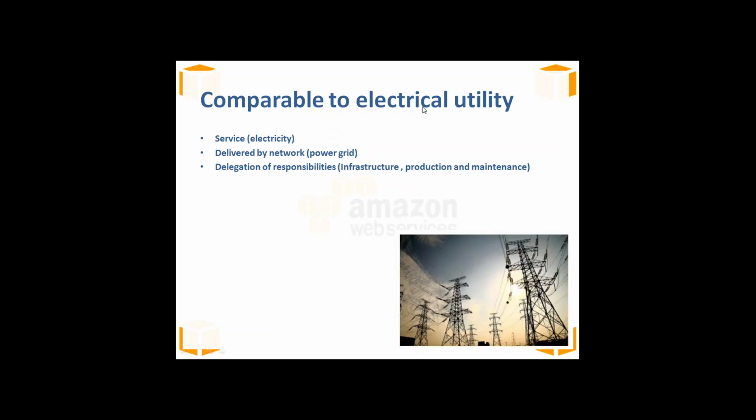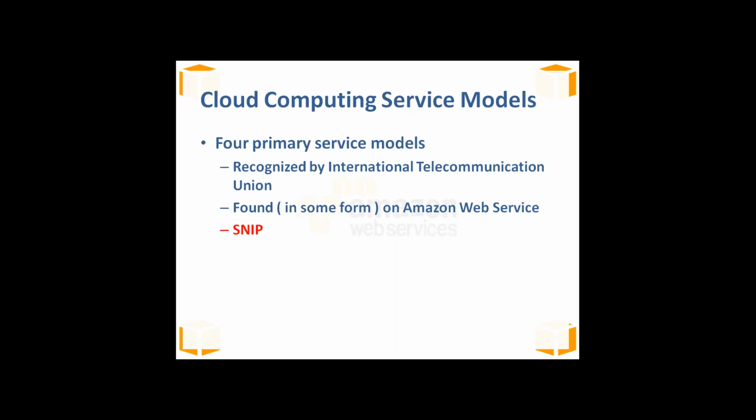Now knowing this, let's understand the cloud computing service models. There are many models available which are designated with acronyms, but I will concentrate on four primary service models, which are also found in Amazon Web Services in some form.